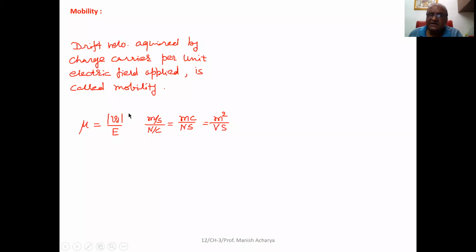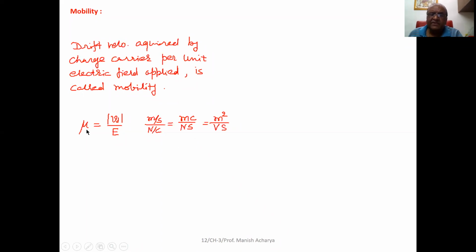So this is the drift speed acquired by the charge carrier or charge particle per unit electric field. Now, the unit of drift speed is meter per second. For electric field, it is Newton per coulomb. So resultantly, we can write meter coulomb upon Newton second.